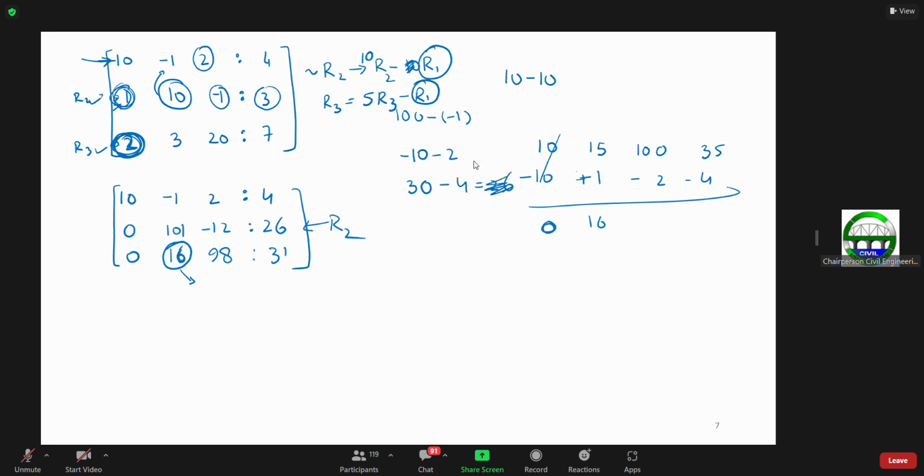I want to make it 0. How will I make it? Anyone can give me an idea? I want to make 16 0 using R2. Anyone can give an idea?